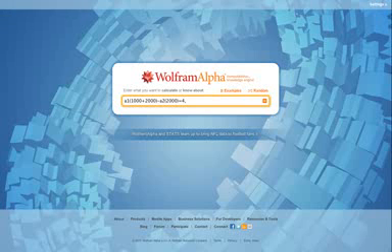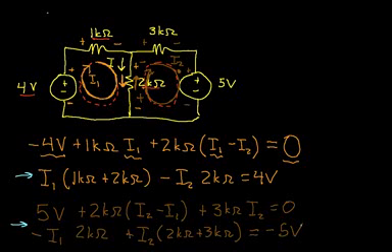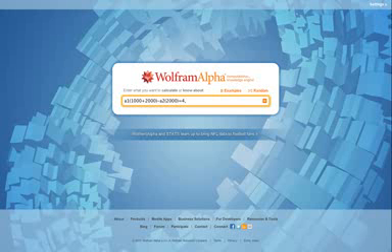Okay, yeah, it looks like I did it correctly. Now we'll do the second equation. So we have minus A1 times 2K ohms plus A2 times 2K ohms plus 3K ohms, and this is equal to -5.